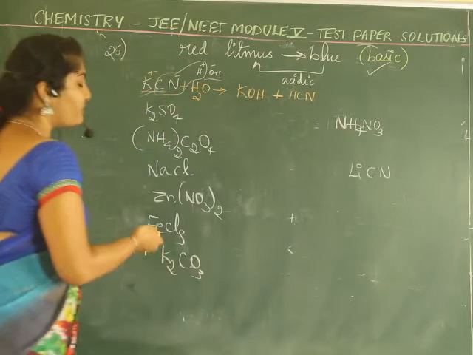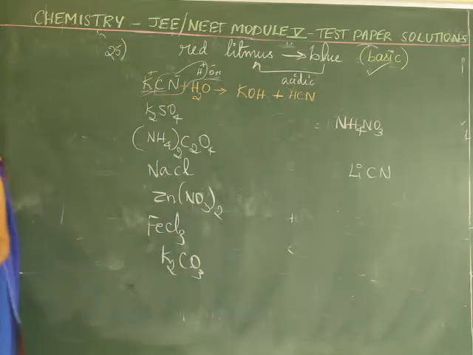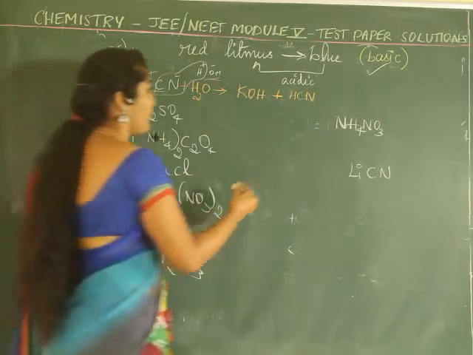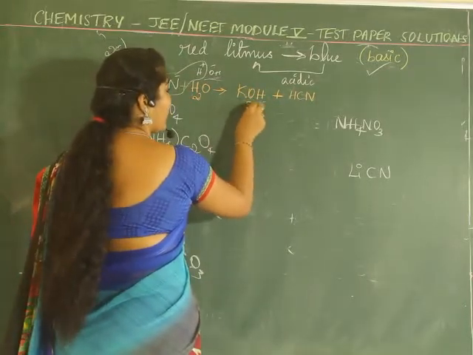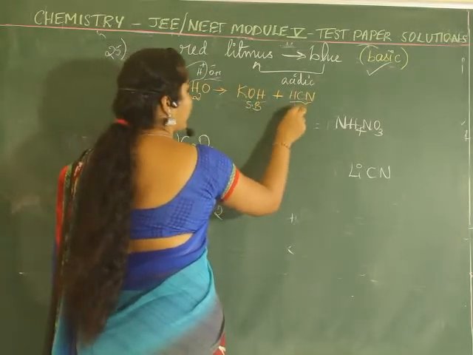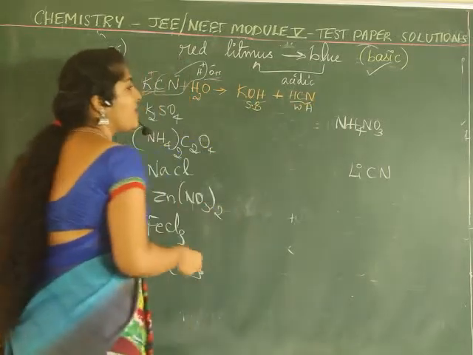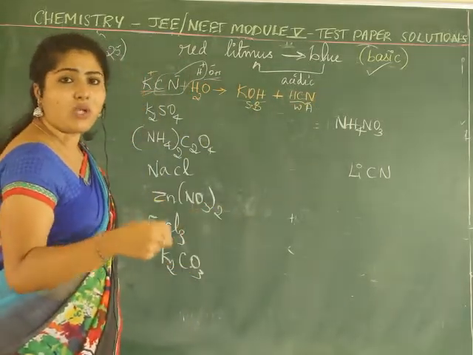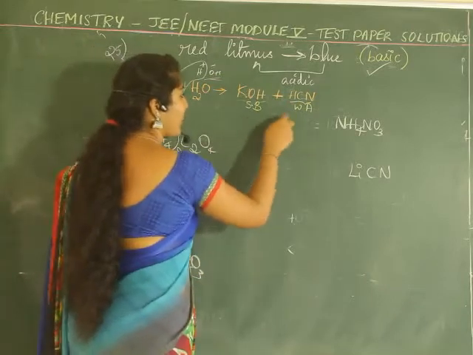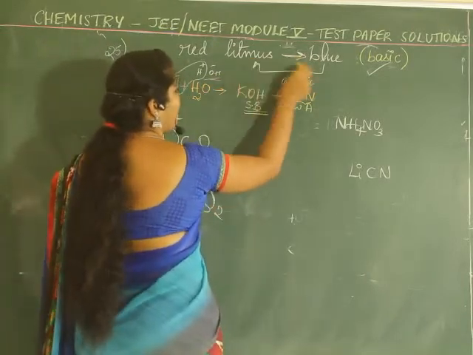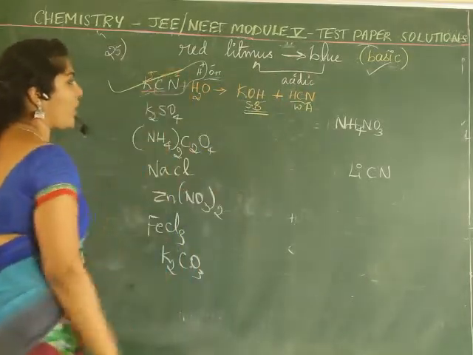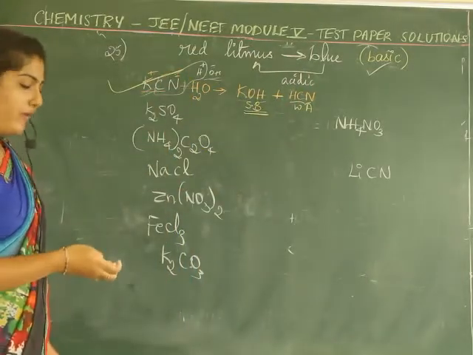Now out of these two, which one is a strong base and which one is a weak acid? KOH is a strong base, HCN is a weak acid. So in this aqueous solution you have got a strong base, so it can change red litmus into blue. This is one option, one compound we got to know.